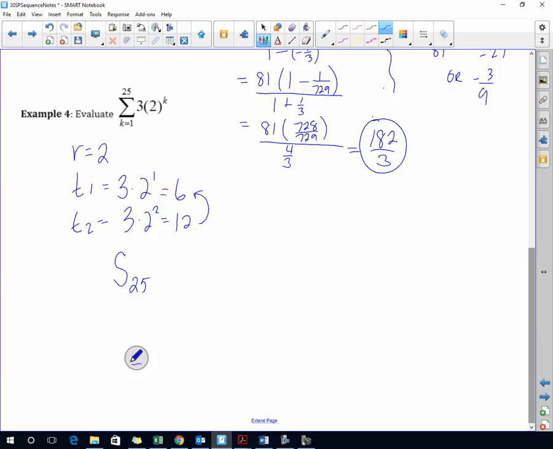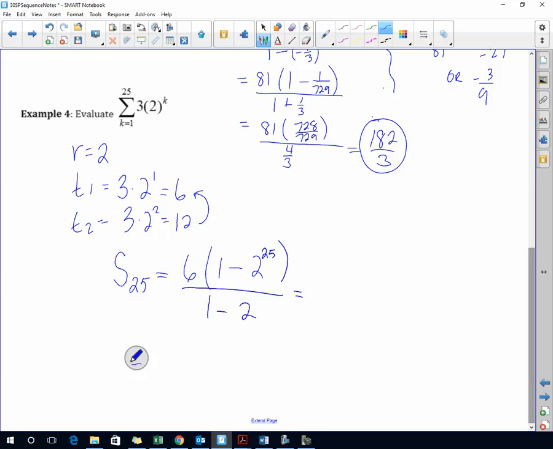Okay. So the first term is 6, times 1 minus, we don't need a bracket here because my 2, which is the ratio, is positive. So it's 2 to the power 25 over 1 minus 2. Honestly, I would just punch this all in because it's too big otherwise.